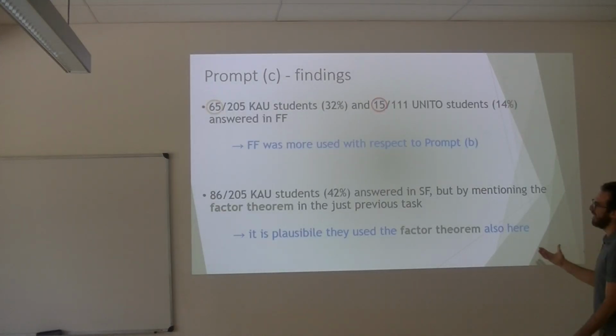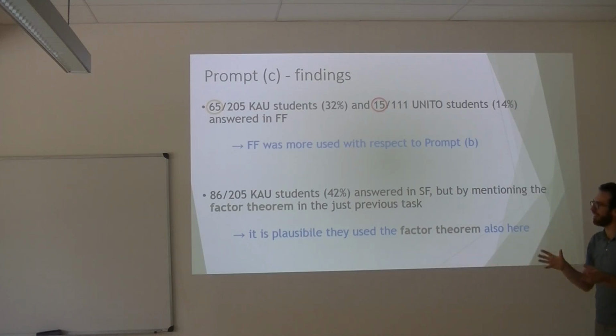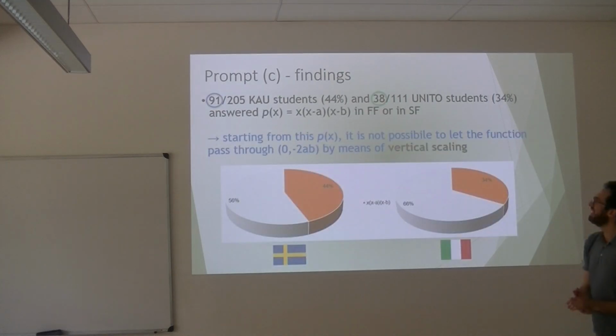We have only some plausible inference that they may have used the factor theorem, because they mentioned it also in a previous task. In this case, we have students who answered with the polynomial in standard form.